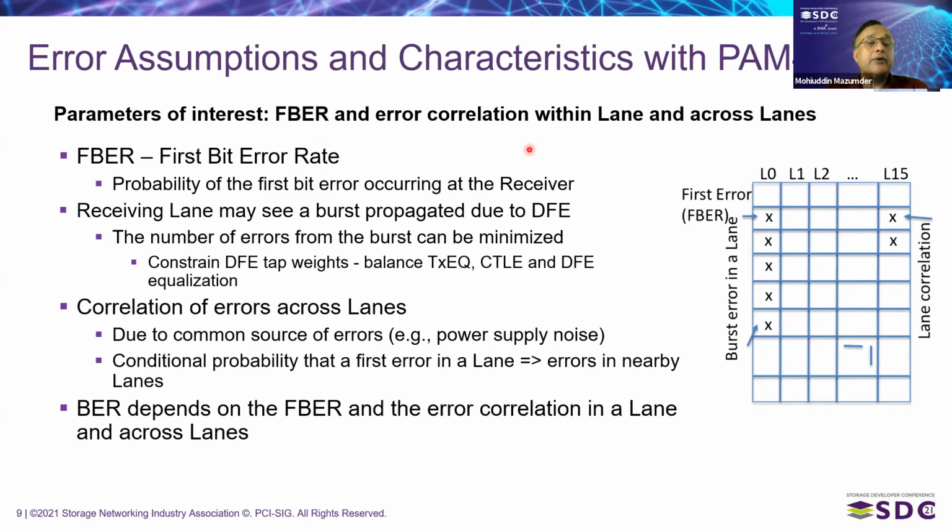And then error correlation within lane and across lanes is also very important. That's within lane, it could be a DFE burst error. Across lanes could be happening due to common power supply noise and other issues that can give those errors. So BER eventually is going to be depending on the first bit error rate before any burst error is considered, and the error correlation in a lane or across lanes.